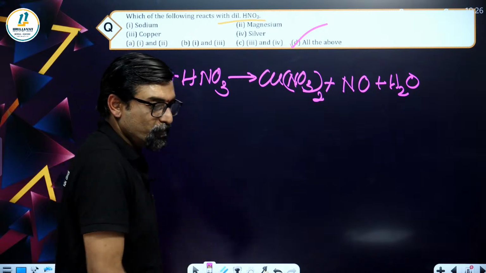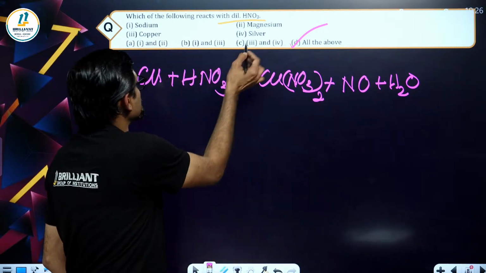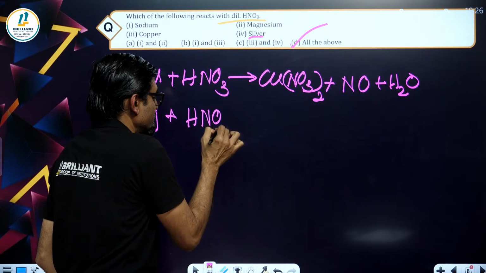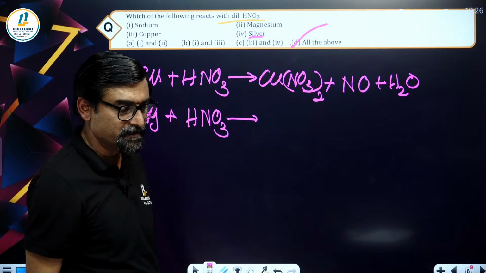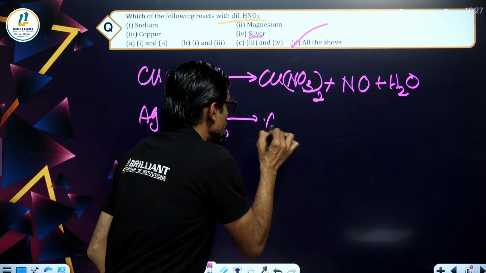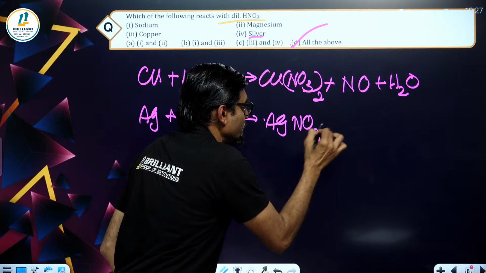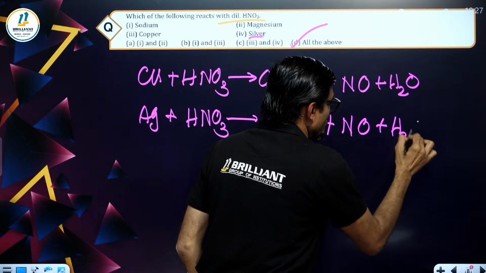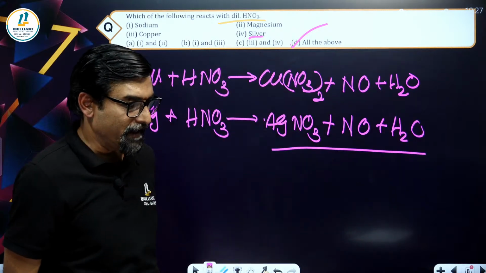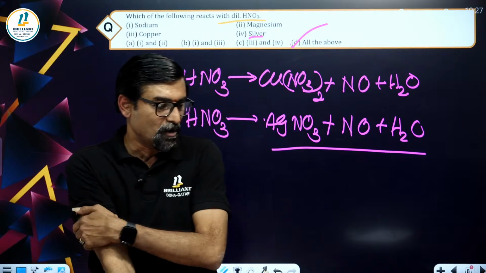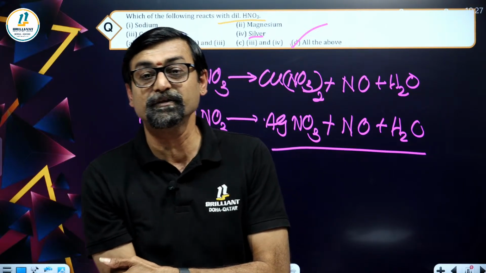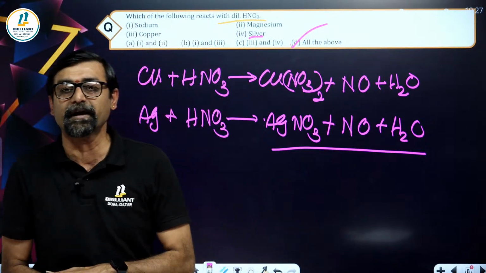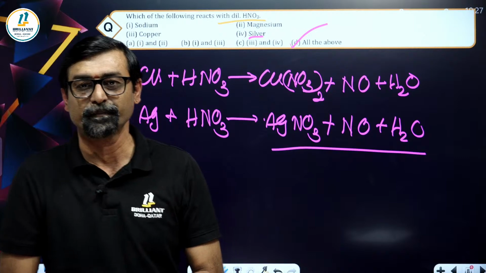Next one, silver. Silver also reacts with nitric acid to form silver nitrate, AgNO3, plus oxides of nitrogen plus water. So in these two situations, copper and silver react with nitric acid to form various compounds.